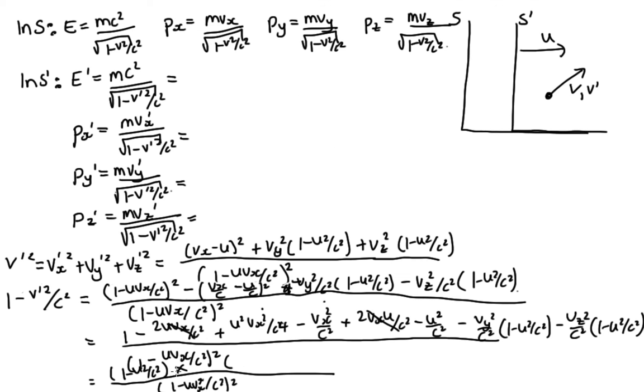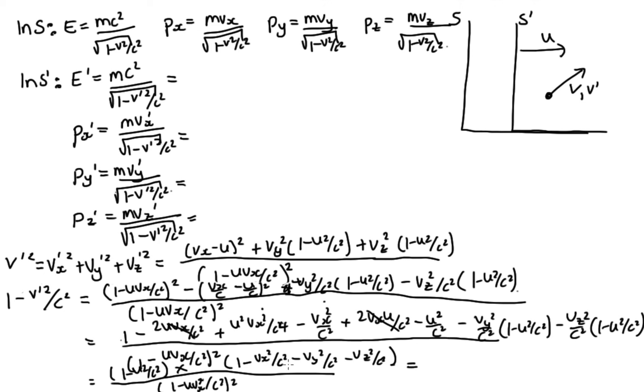And so in this case, this 1 minus u squared on c squared is a factor of 1. And then in this case, we had to pull the vx squared on c squared out the front. So that's minus vx squared on c squared minus vy squared on c squared minus vz squared on c squared.